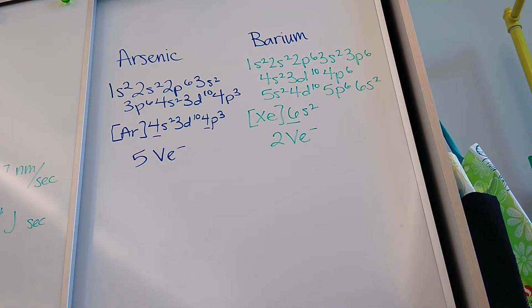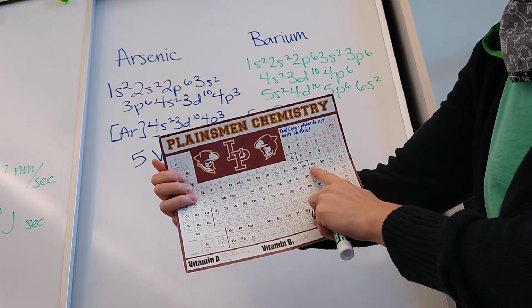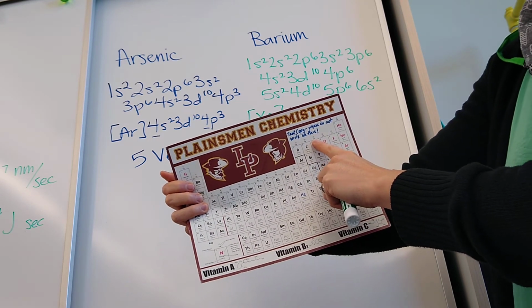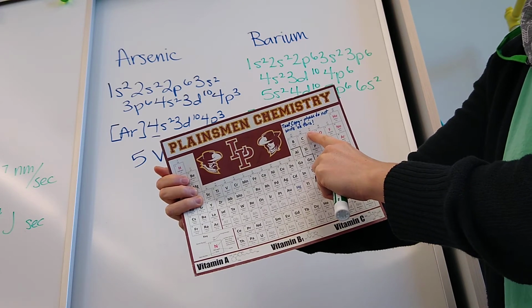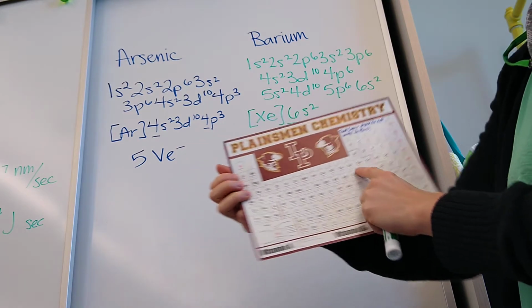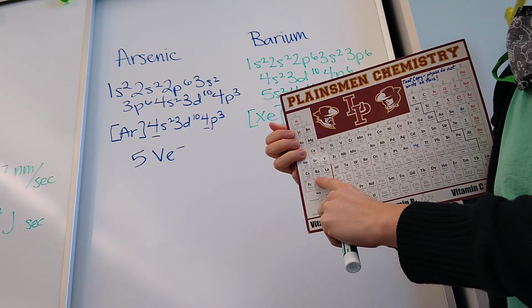Now, if you want a quick way to figure out valence electrons, you can look at the periodic table. Okay? Arsenic is right here. It is in group 15 or 5A. It has 5 valence electrons. So whatever the A group number is, that's the number of valence electrons. So 5 for arsenic. Barium is over here. It's in group 2A. So it has 2 valence electrons.